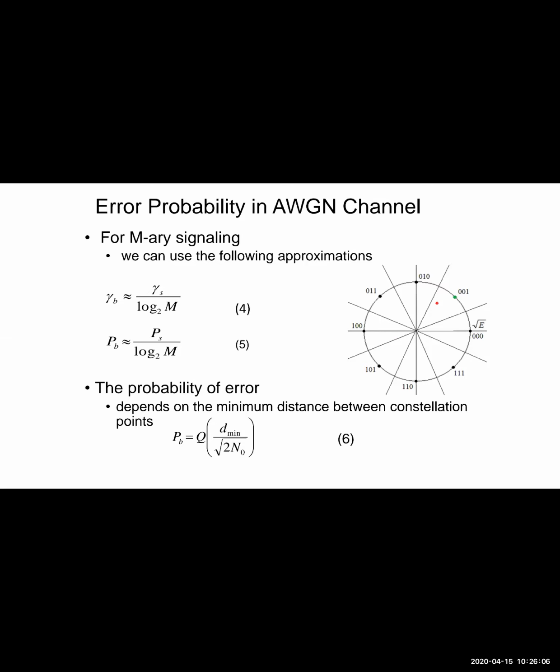So this drawing is what we call the constellation diagram. It is showing the symbols. The symbol is a dot, and that dot is carrying how many bits? It's carrying 3 bits. Okay?